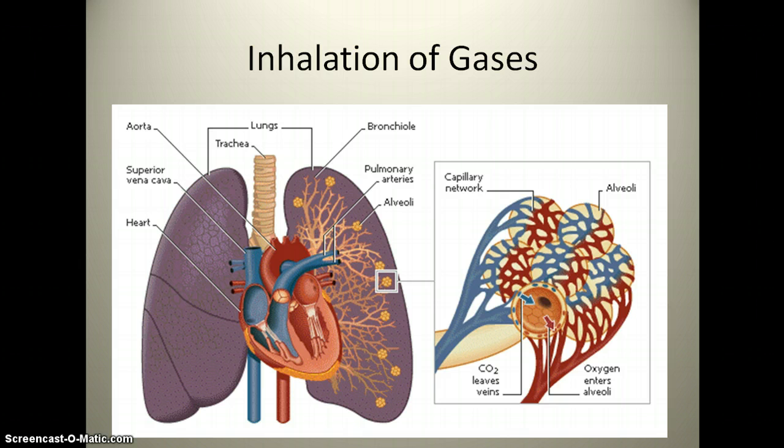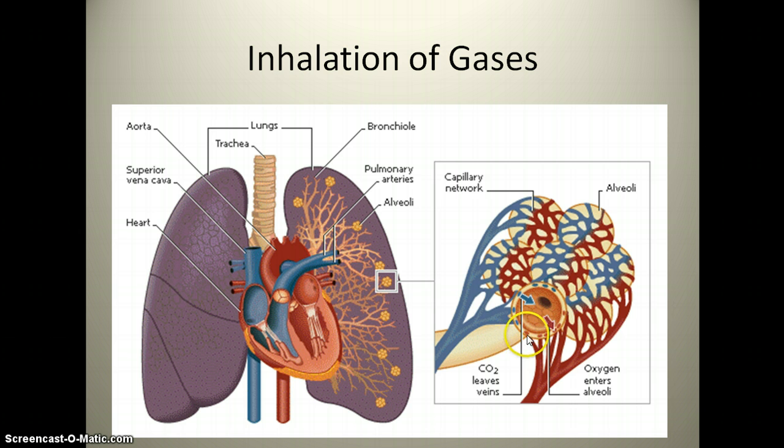What happens is the smoke or gas comes in through the mouth, through the trachea, into the lungs, all the way down to the alveoli. Here you can see the alveoli. The alveoli intersect with the capillary network, which forms like a spider web around the alveoli.